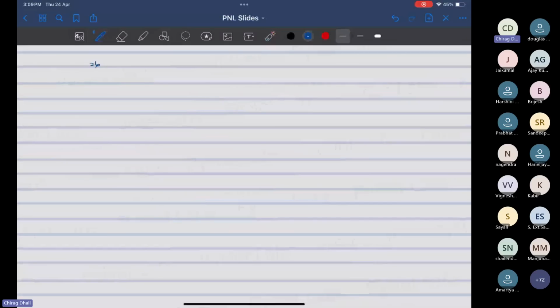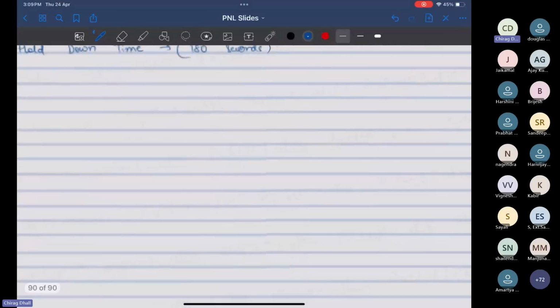So I'm giving you a quick revision to what we have discussed so far. Under the routing protocols, we spoke about two types of routing protocols, static routing and dynamic routing. Static routing was the method where we are adding routes statically.